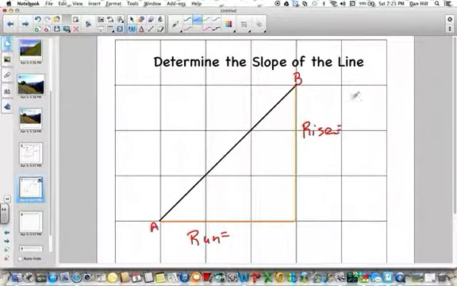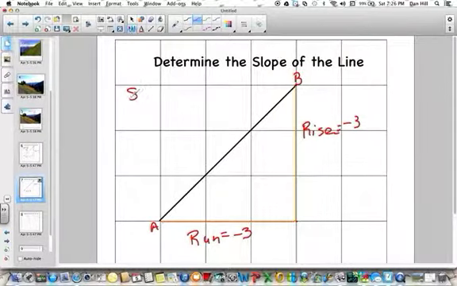Whenever I'm going down, my sign is negative. Because I'm going 1, 2, 3 blocks, my rise is -3. Once I arrive here, I'm going 1, 2, 3 blocks to the left. If I'm moving left, my run also is negative. Left is negative, so we're also going -3.